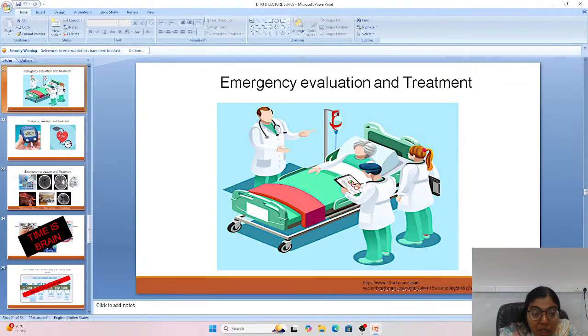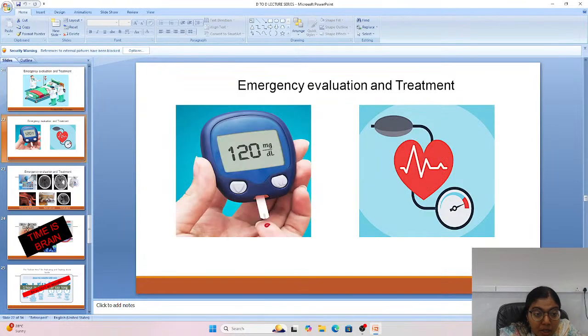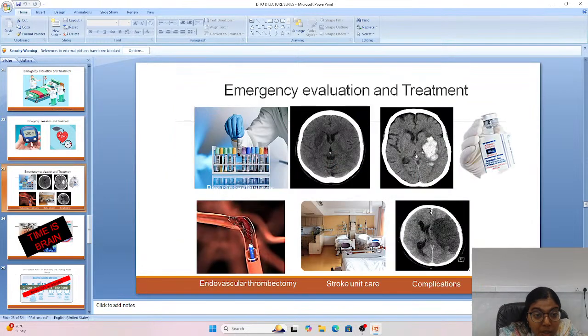So what do we need to do in an emergency? There are only certain things: you need to look for sugars and you need to look for BP. This is the emergency evaluation and treatment. We can give thrombolytic agents, and if the patient fulfills the criteria for endovascular thrombectomy, then we can do endovascular thrombectomy.